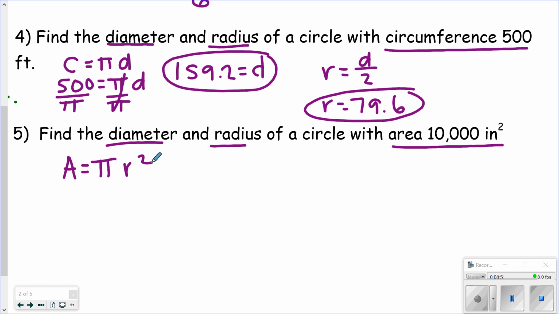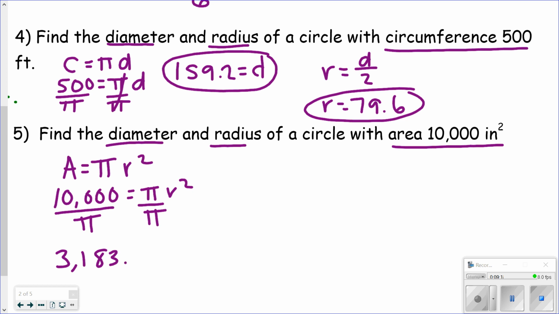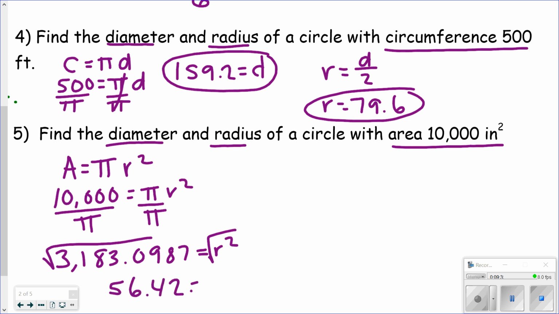If area is equal to 10,000, which is equal to pi r squared, the first thing I want to do is divide by pi on each side, and that will give me approximately 3,183.0987, but that's only equal to r squared, and I'm trying to find the radius. So to find the radius, I need to take the square root of each side, and that gives me approximately 56.42 is equal to our radius.